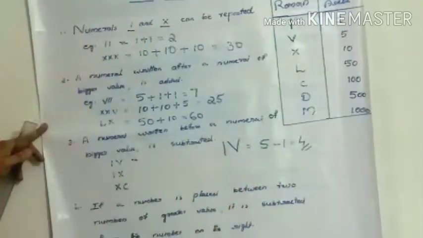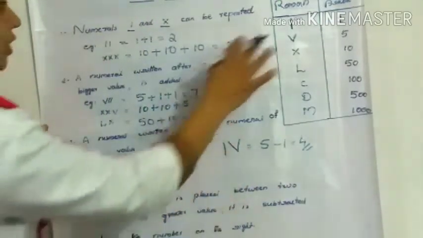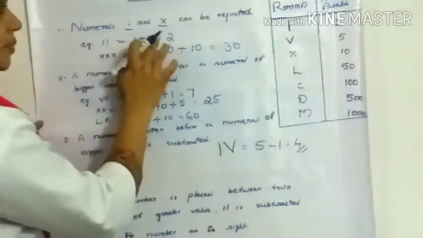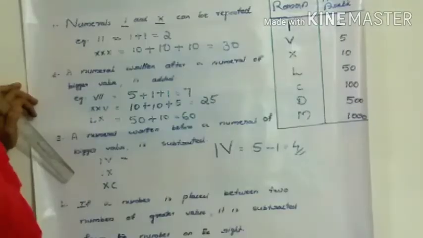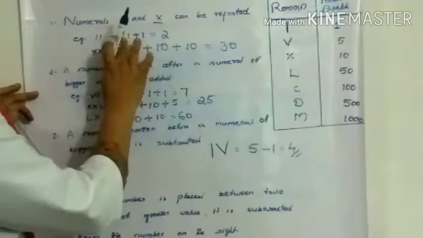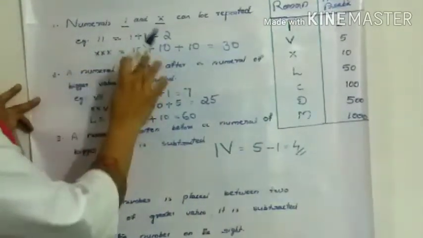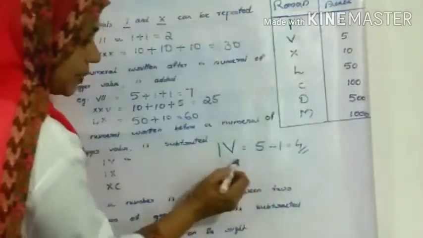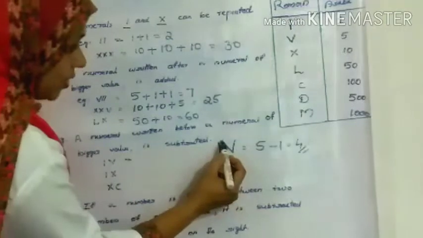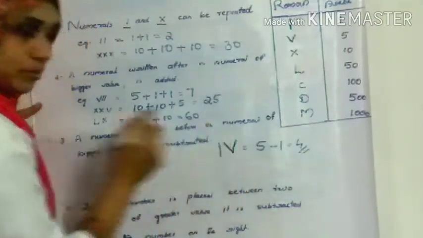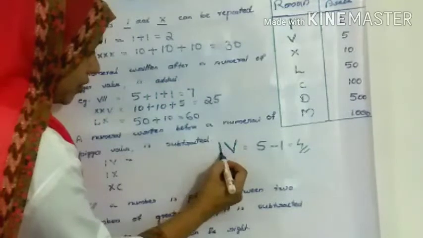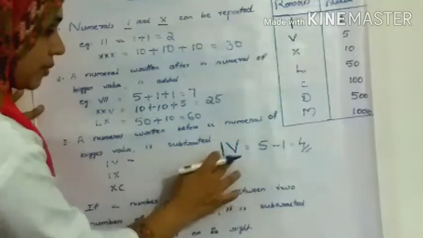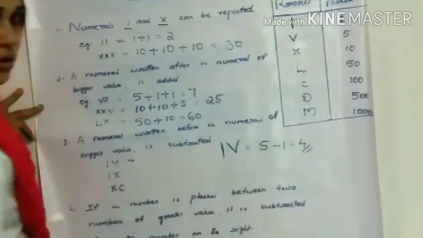There is no symbol for 4. 3 we can represent by adding 1 plus 1 plus 1, but we can't write 1 four times because the maximum number of repetition is 3. So first write 5, the bigger number, then write 1 before it: 5 minus 1, which is equal to 4.